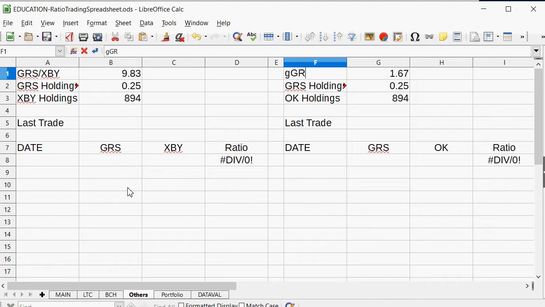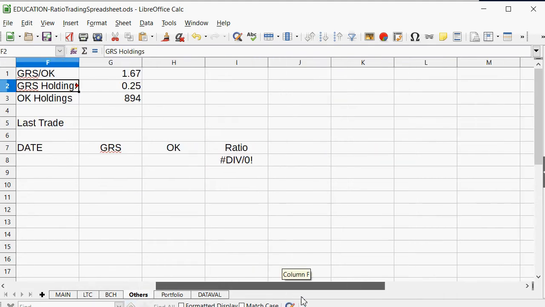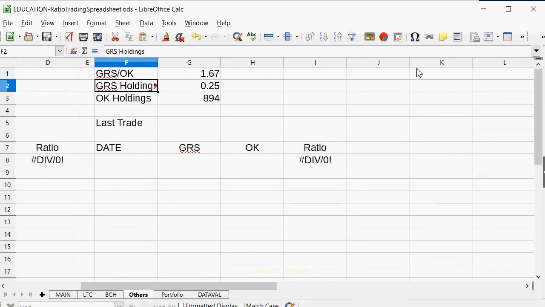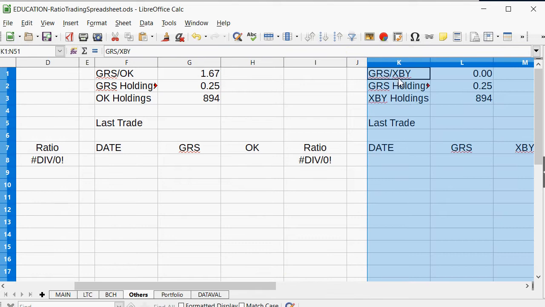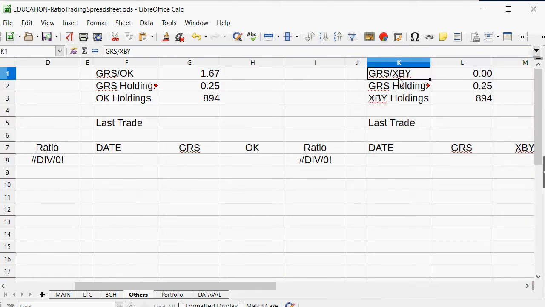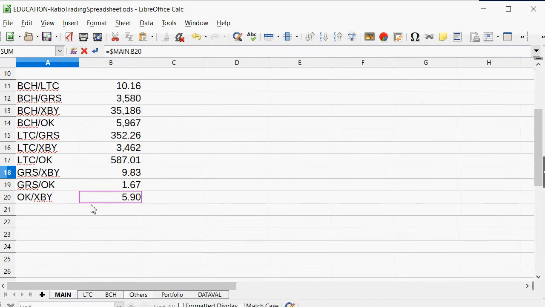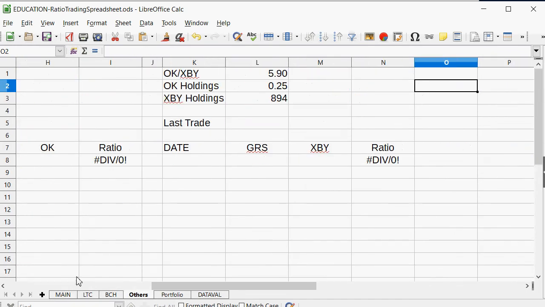And I want to make sure that's all capitals. And the final one would be that of OK and XBY. And we'll take that there, and there it is for the 590.